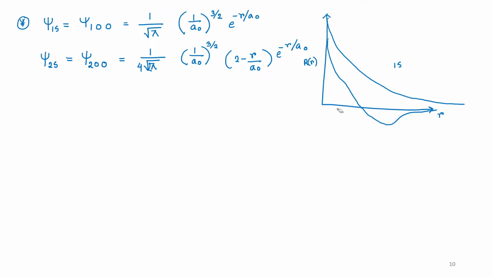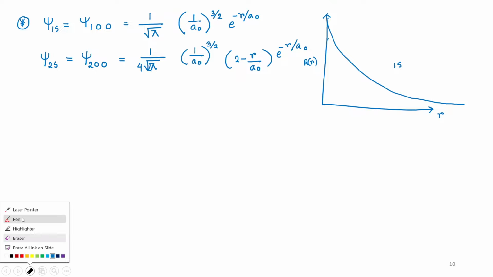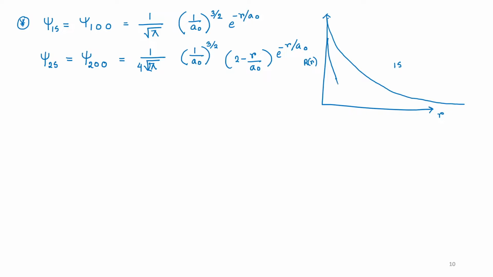It changes sign: here it was positive and it is negative. So your node is at 2a0, right? And then it will be 0 at infinity. Okay, so this is how your 2s will look like. So this is how you draw the radial functions.